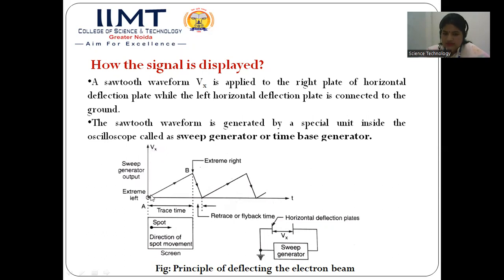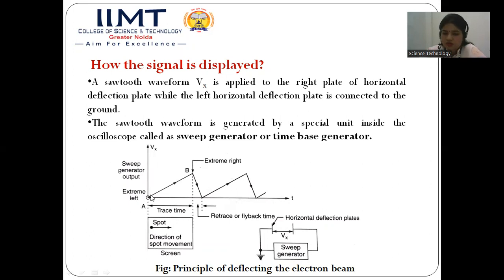So the field strength will go on increasing. With this increase in field strength, the electron beam or spot, which was at the extreme left side of the screen, will get pulled towards the right hand side of the screen. It will start moving towards the right.